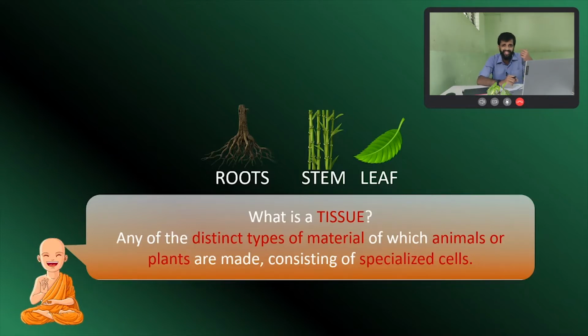We have already studied that the cell is the fundamental unit of life, and we saw what a cell is. So many cells together will make up a tissue, just like many tiny particles will make up this tissue. So that's the meaning of a tissue.